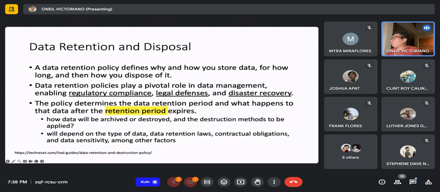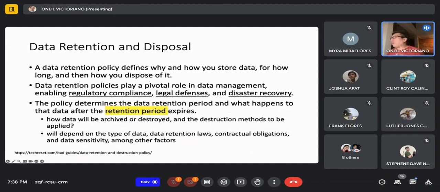So you try to look at the last part of the video, where there are legal issues for certain companies, online companies, in terms of data security.